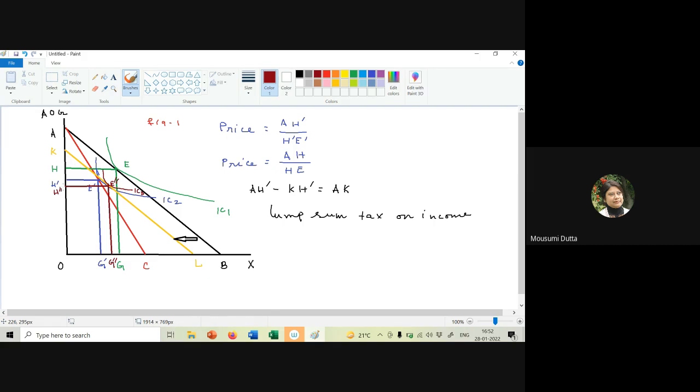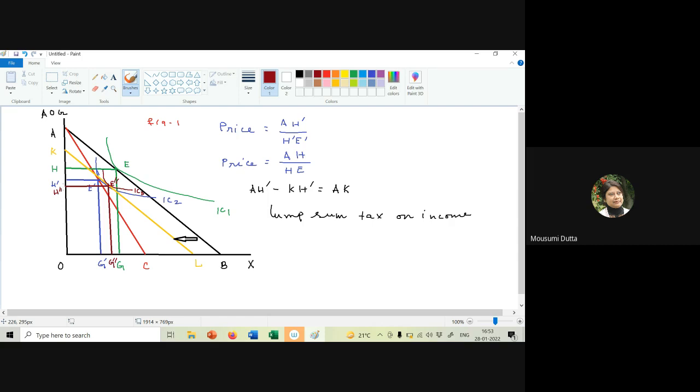So it is passing through E prime. At E prime, the consumer is not at equilibrium with KL. He or she moves to E double prime.